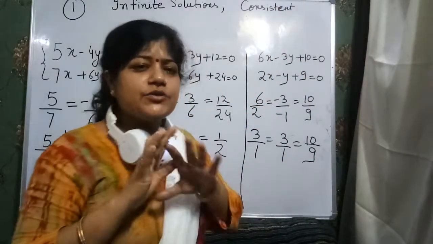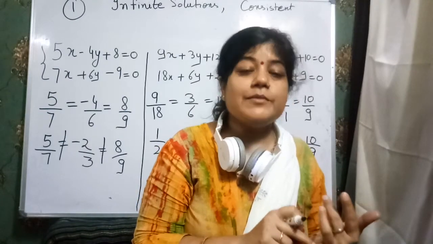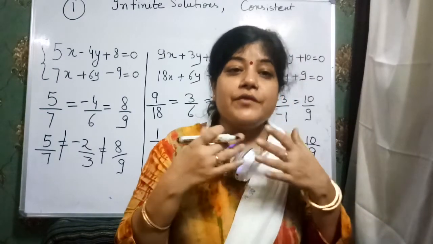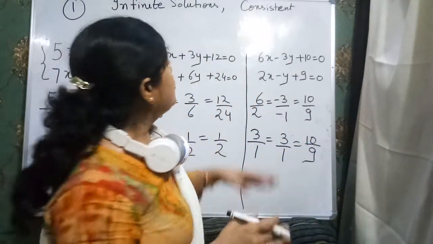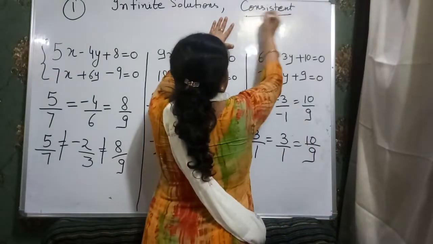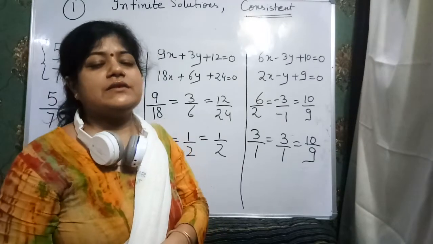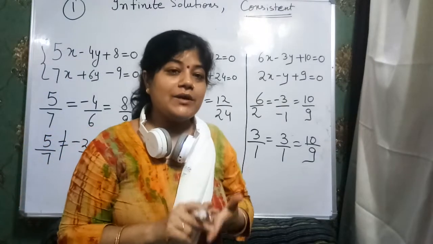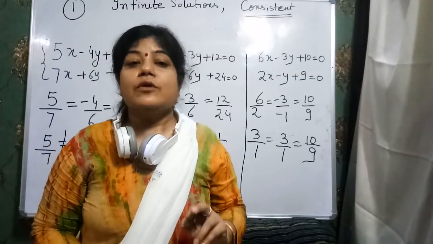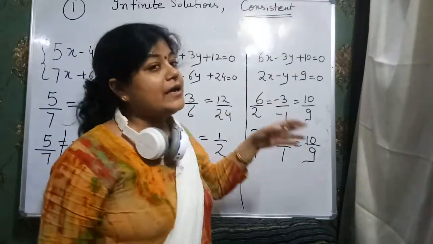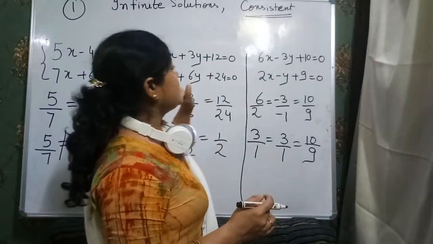That means any two equations which have one solution, that is a unique solution, and those which have a lot of solutions, that is infinite solutions, both are consistent. Actually, the confusion is in the words consistent and inconsistent. When two lines intersect each other, they have one solution, then they are consistent, and the lines which have infinite solutions are also consistent.